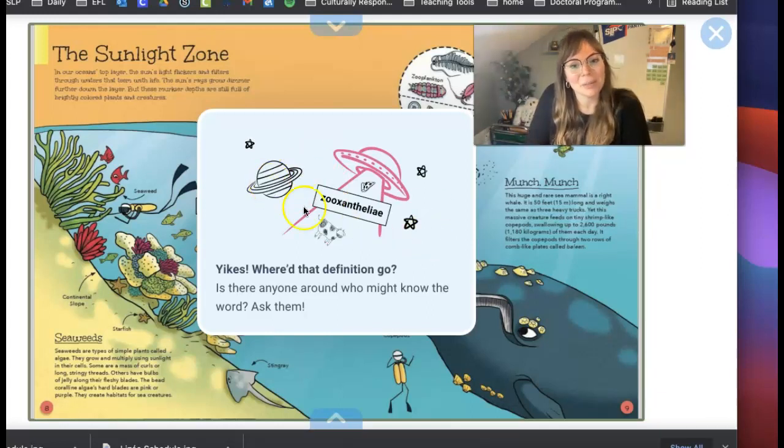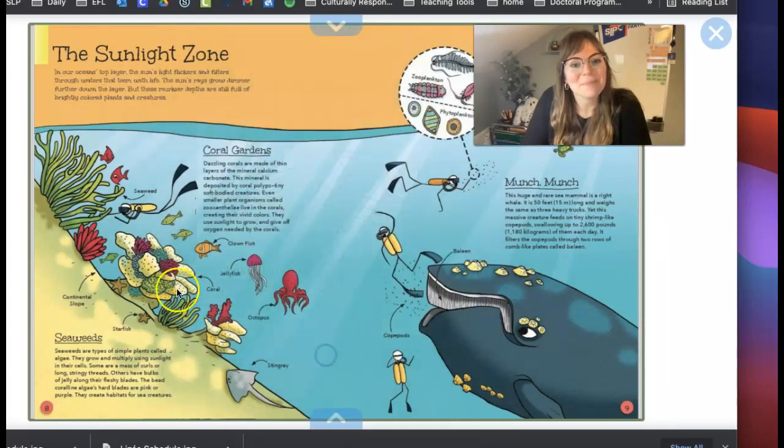I don't know, that will have to be looked up later. Even smaller plant organisms called zooxanthellae live in the corals, creating their vivid colors. They use sunlight to grow and give off oxygen needed by the corals.